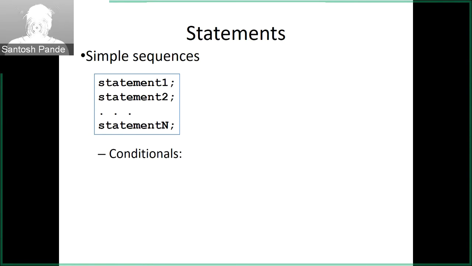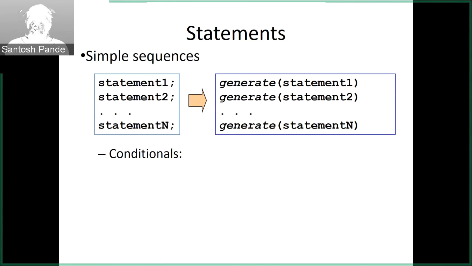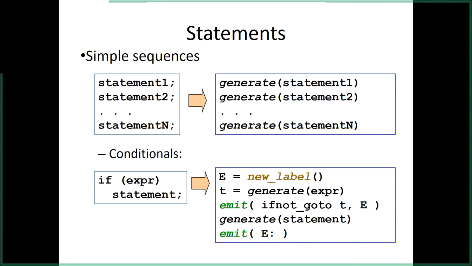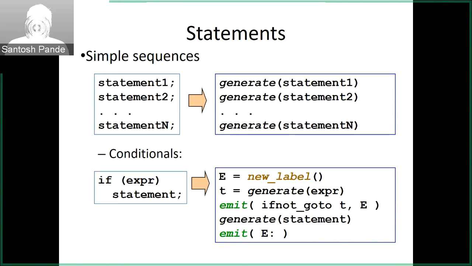Now what is left is, of course, conditionals, loops, and all these kinds of statements, which is not very difficult to see given our understanding of short circuit now. So let's say we have an if expression and statement, how can we deal with it? This is a statement by itself, and here our job is to implement the construct correctly.